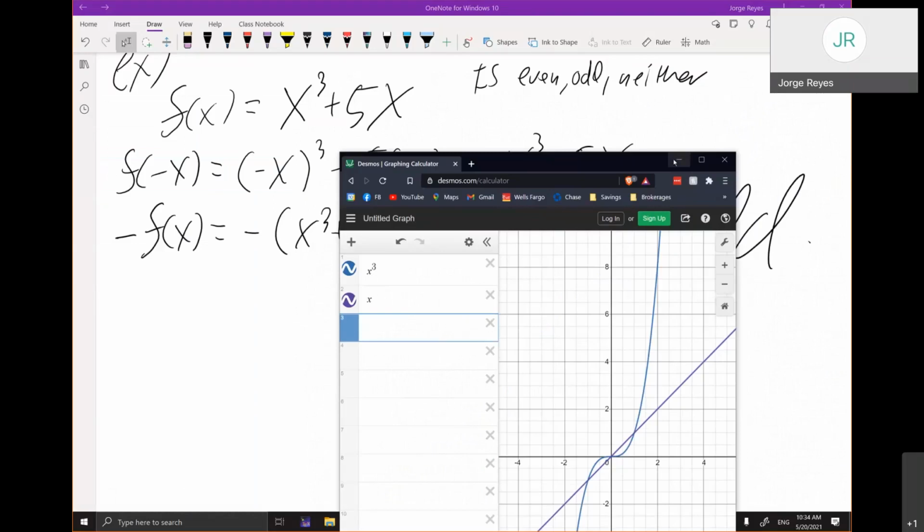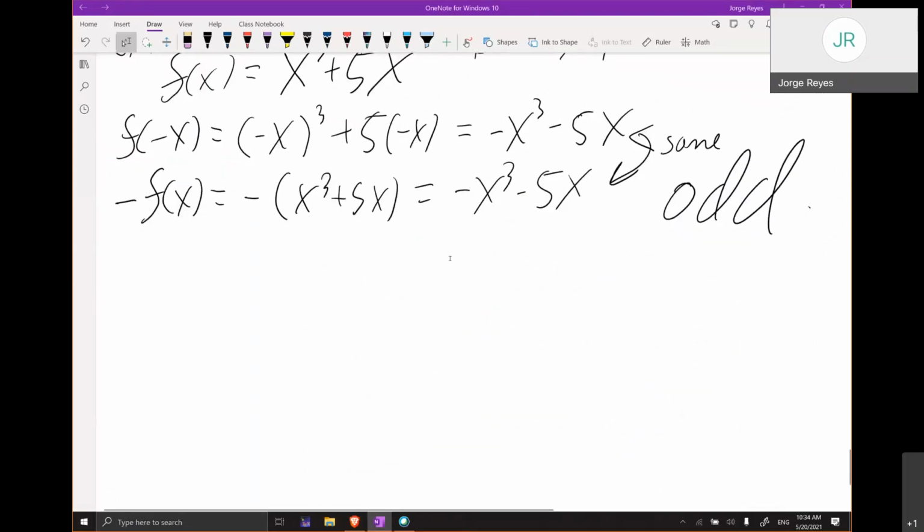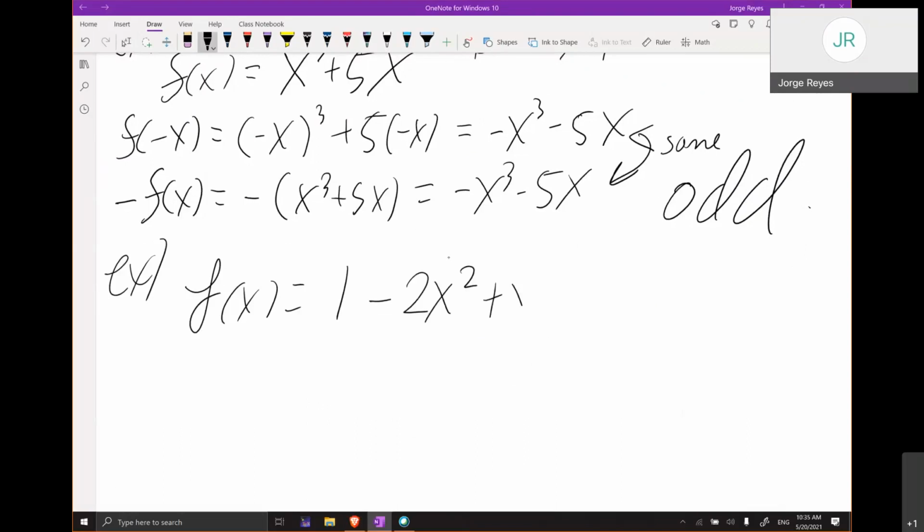Okay, so let's do some last couple examples of even, odd, neither. Here I have a function, f of x equals 1 minus 2x squared plus x to the fourth. Is this even, odd, or neither?